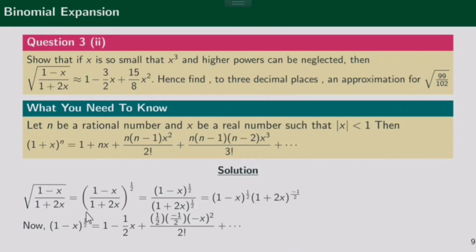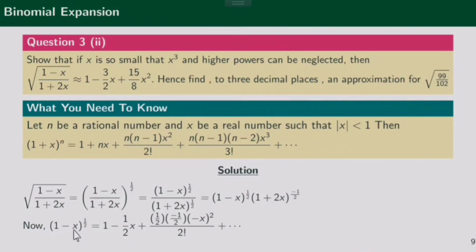Now, 1 minus x raised to the power a half is the same as, remember, if I compare this, then I will see that x in this expansion is negative x because the sign is very important, and n is half. So anywhere I see x, I replace it by negative x, and anywhere I see n, I replace it by half. So the first term must be 1.